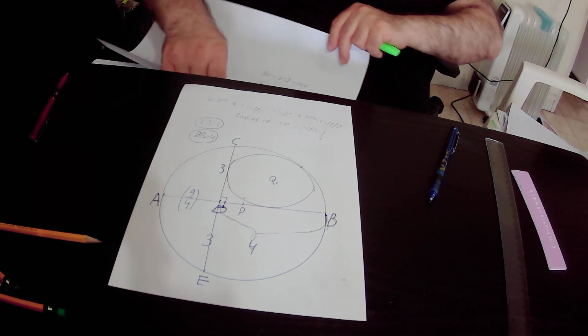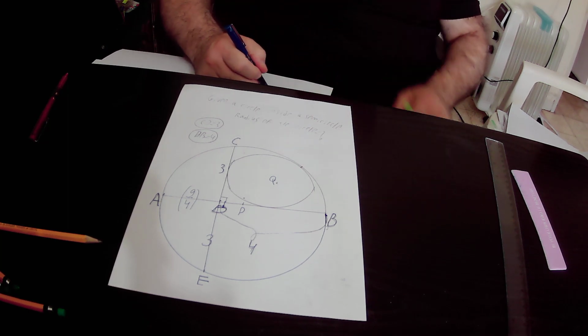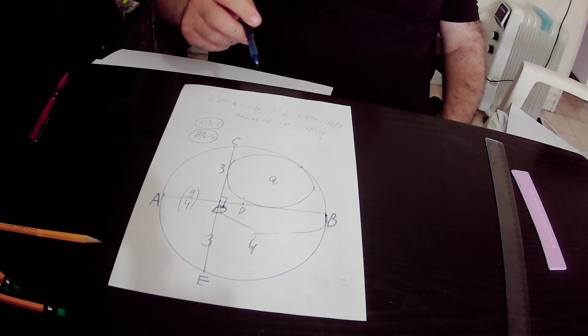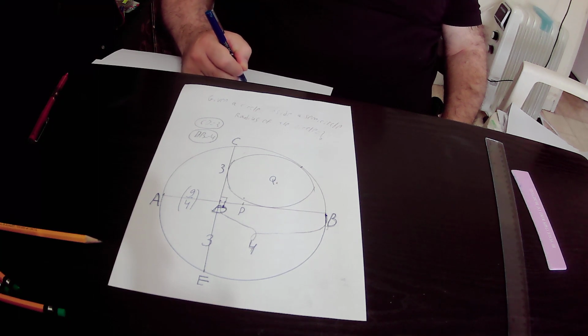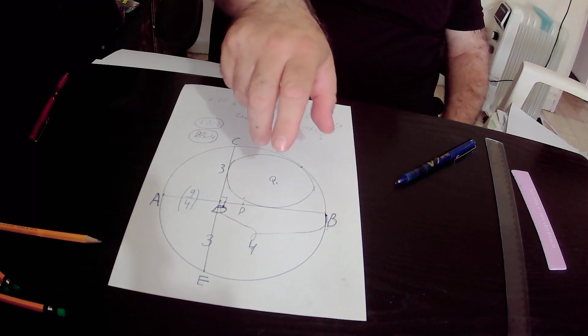So DP equals DB, DB is 4 units, minus PB. What is the definition of line segment PB?